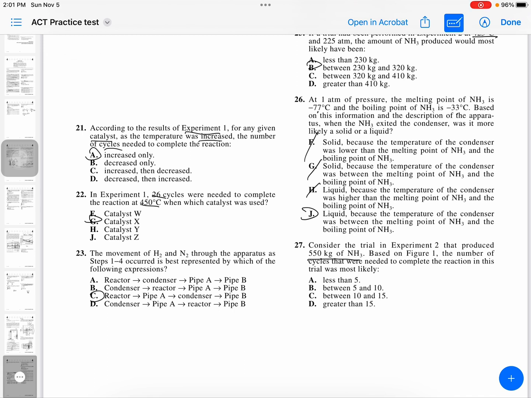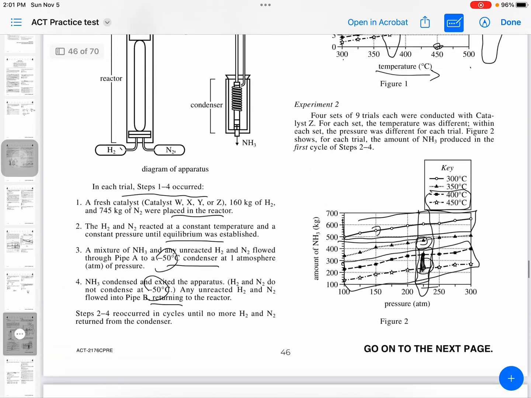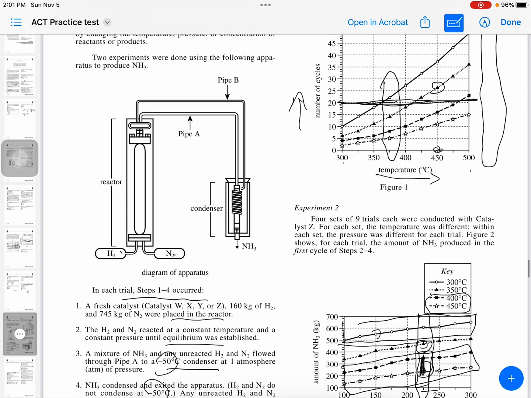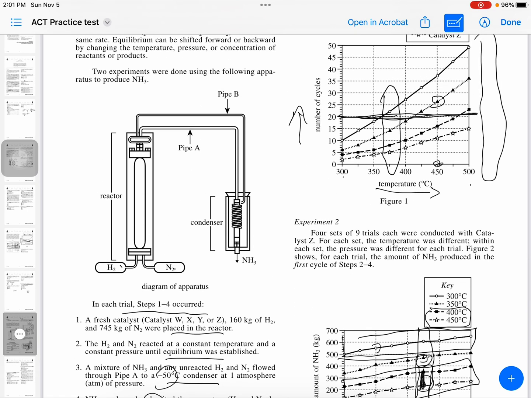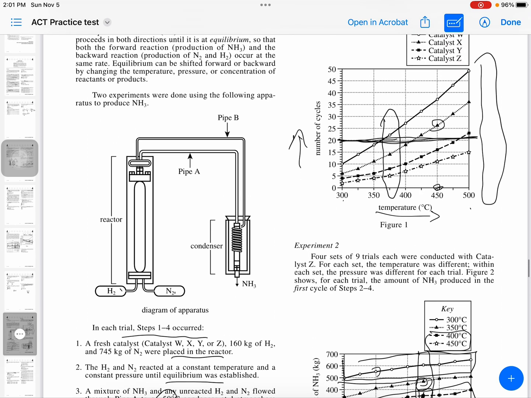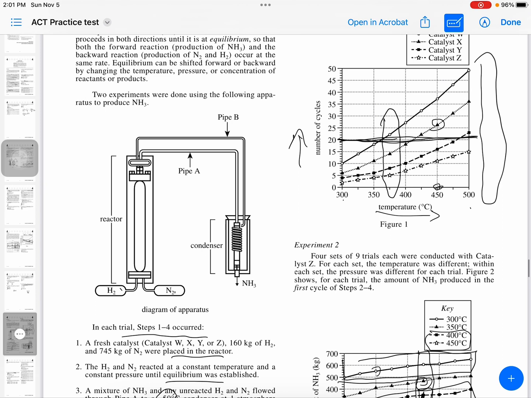Based on figure 1, the number of cycles that were needed to complete the reaction in this trial. Figure 2, number of cycles needed to complete this reaction.